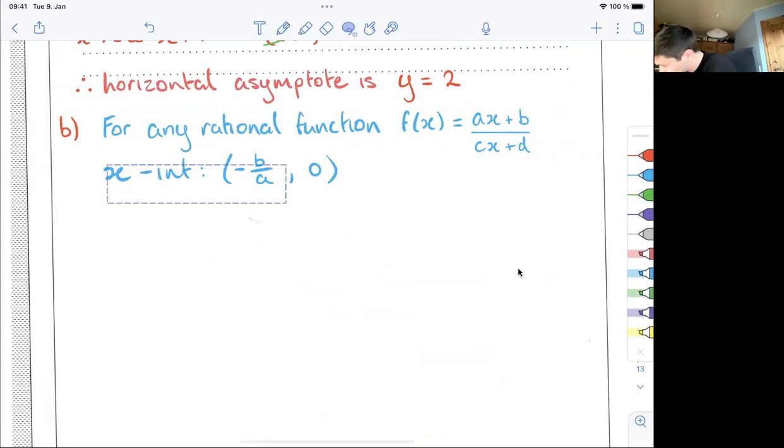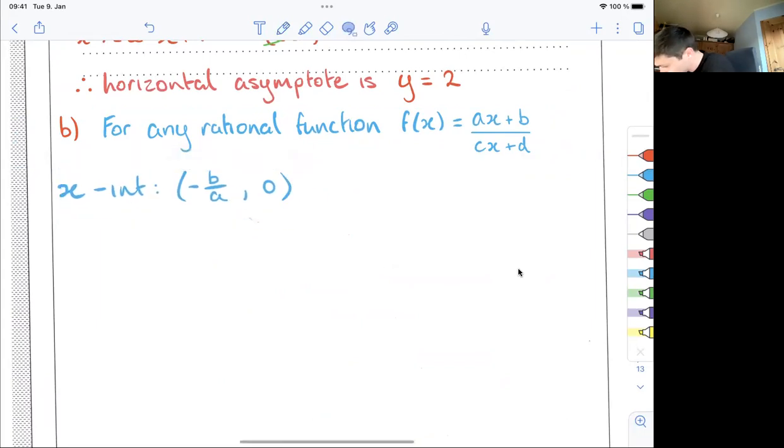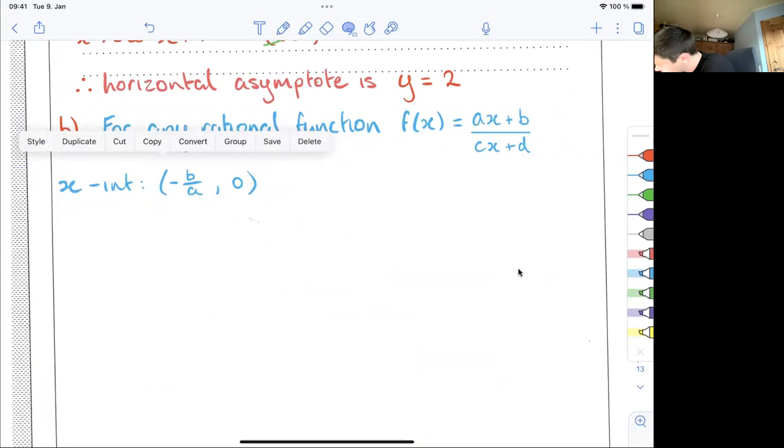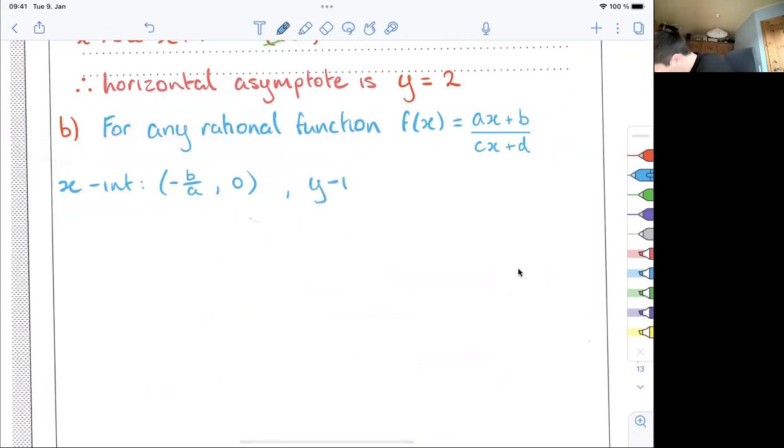And hold on, let's bring this over to here, make it a little smaller. And the y-intercept is going to be when x is equal to 0, and then b over d. Okay, and there you have it.